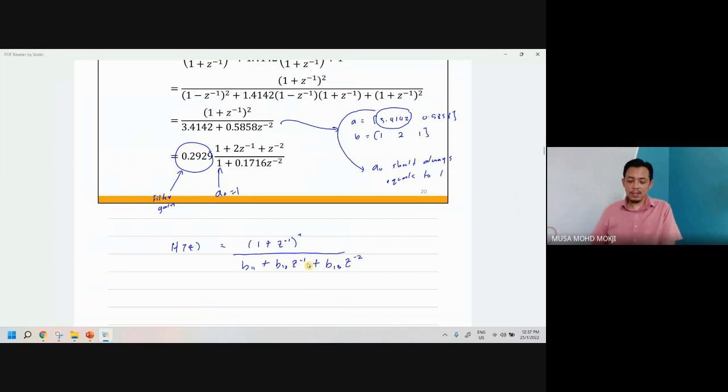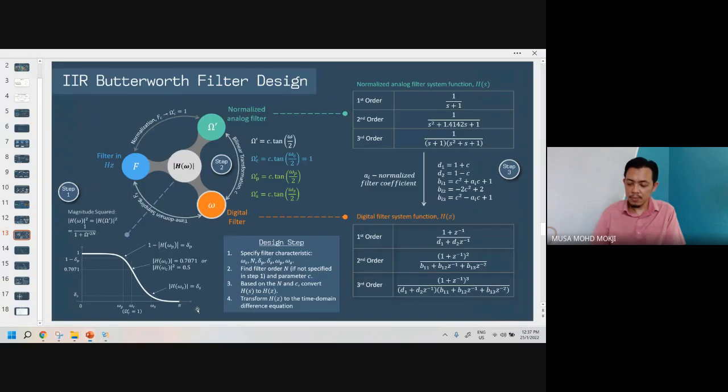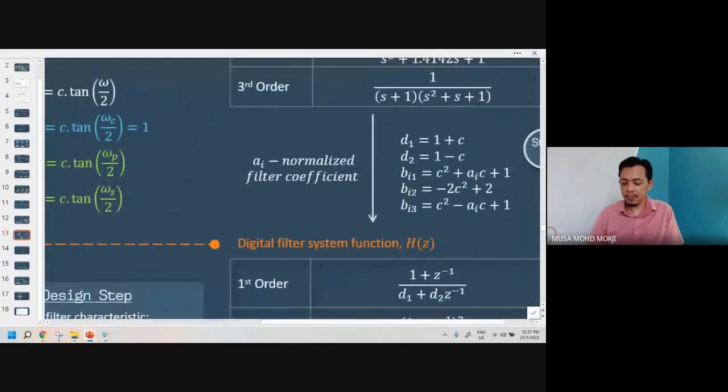Okay, so let's solve this. What we need to find is just B11, B12, B13. And what is B11? Looking at the table, when it is B11, we know that i is equal to 1. So what is B11? It's C squared plus A1 C plus 1.